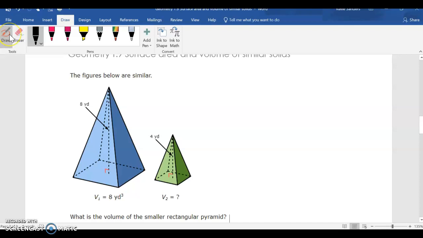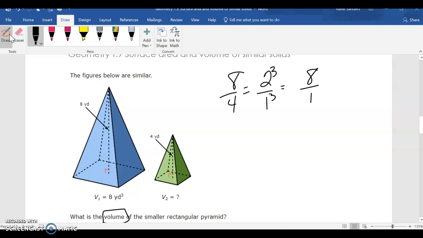The figures below are similar. What is the volume of the smaller one? So we're going to do 8 to 4 to get the lengths, which is 2 to 1. But then because it's volume, I'm going to cube both of those and get 8 to 1.